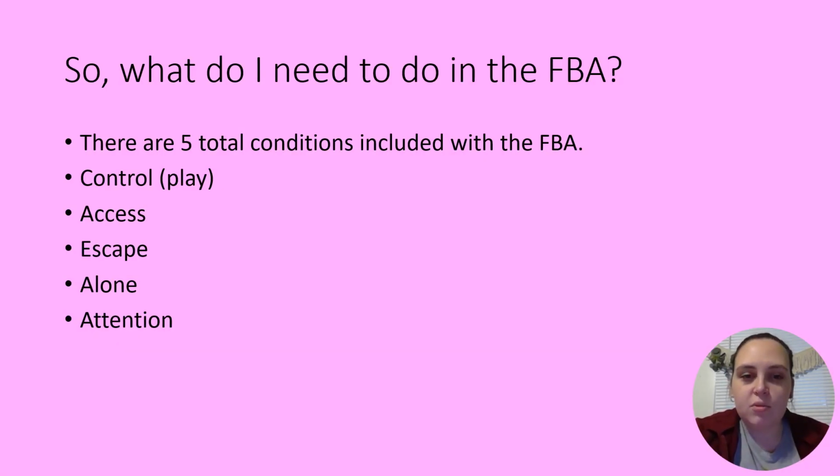So what do I need to do in the FBA? There's 5 total conditions. With any good experiment, you're going to have the control condition, and that's play. This is free access to toys, activities, whatever the client may want. Let's say this is a kid, an 8-year-old kid, and for this example later, his name is actually Jimmy.